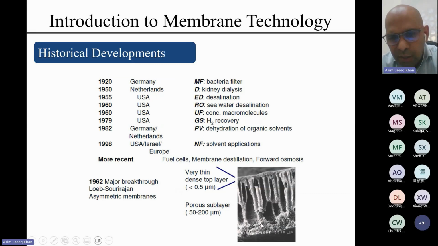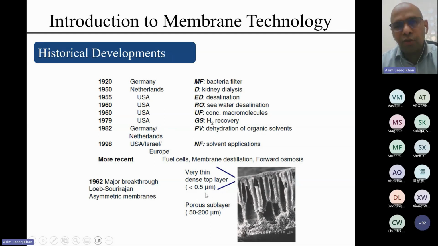As you can see, there is a huge number of cylindrical or finger-like pores in the membrane. Through these pores, there is very little resistance to the flux, but this 200 micrometer thick membrane provides huge mechanical stability. The separation, or the main resistance to the flow, comes from the very thin top layer, which is less than, sometimes even, 0.5 micrometer.